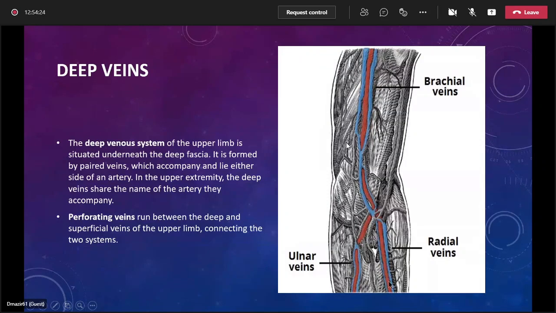It gives articular twigs to the wrist and divides into two terminal branches. One is the superficial branch, the other is the deep branch. The superficial branch takes part with the direct continuation of the ulnar artery to form the superficial palmar arch. And the deep branch takes part with the deep branch of the ulnar artery to form the deep palmar arch.